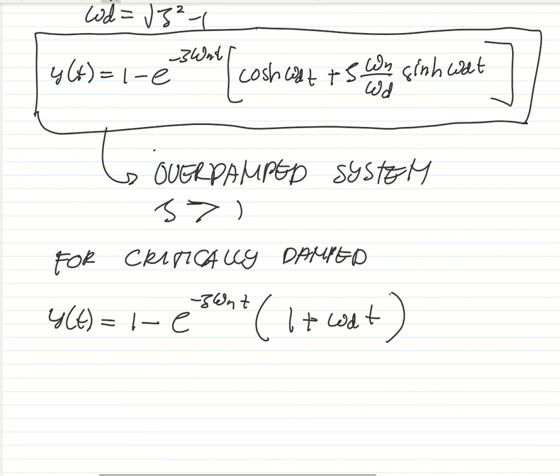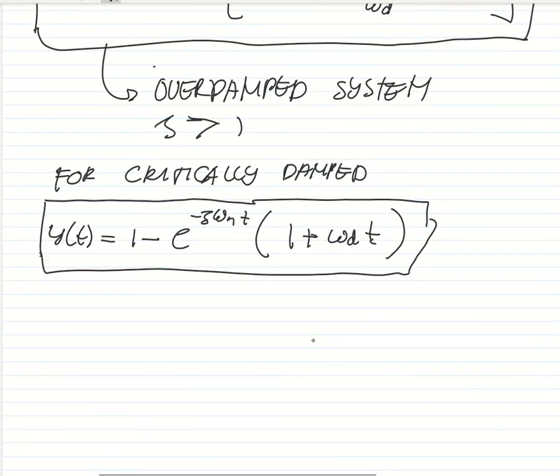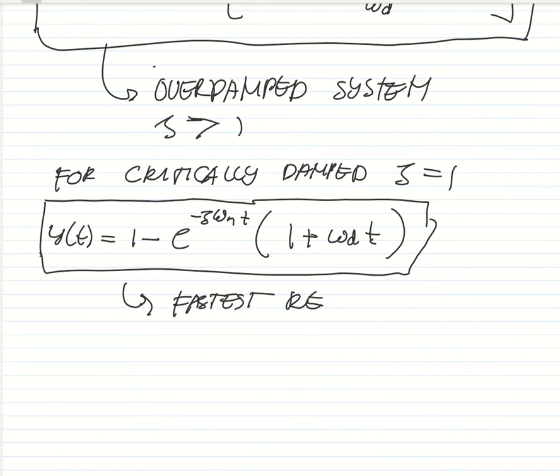So there's no sine and cosine in the system. This means that this is the fastest response without overshoot. So the critically damped, when zeta is equal to 1, is the fastest response to reach the final value without overshoot.